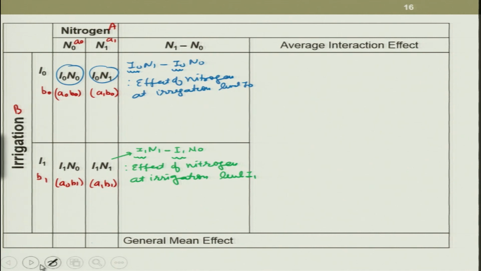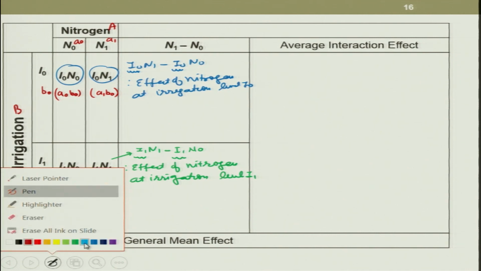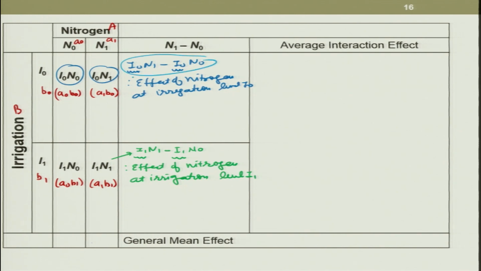The same thing I have written here can be written as A1 B0 minus A0 B0, and the same thing in the second row can be written as A1 B1 minus A0 B1, right.